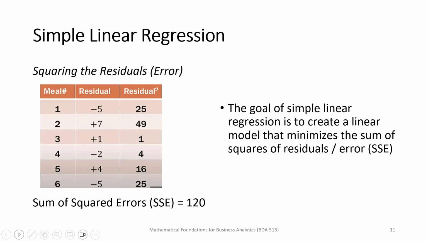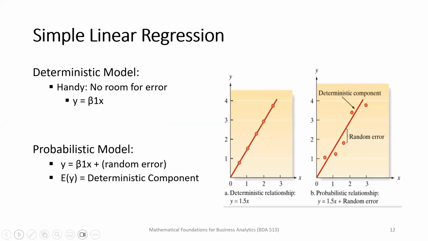In other words, we want a model that is able to predict better, because if the sum of square error is greater, that means the errors are huge, isn't it? So you want to minimize the error. So the goal of simple linear regression is to create a linear model that minimizes the sum of squared error.